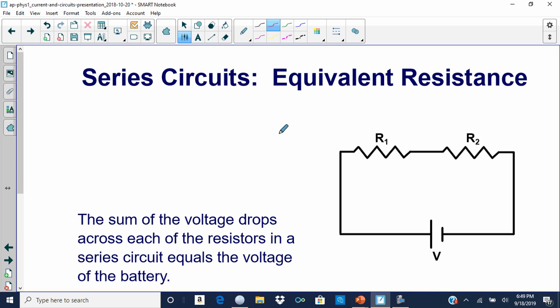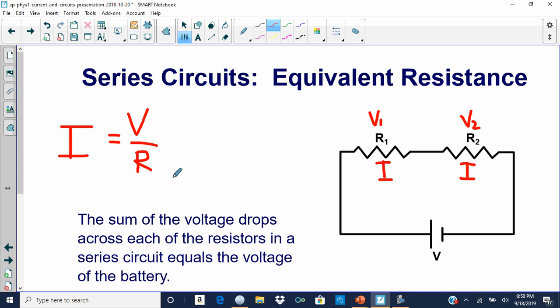That means that this is going to have a voltage of V1, and this is going to have a voltage of V2, even though this has a current of I, and this has a current of I. And that makes sense because I is equal to V over R. So if I keep I the same and I change R, V also has to change.